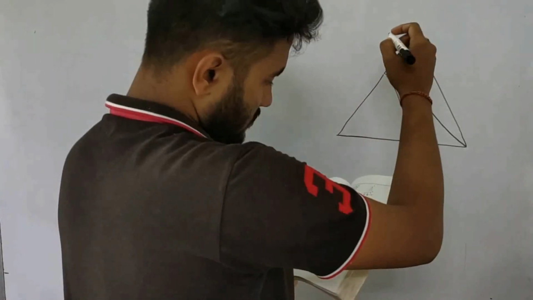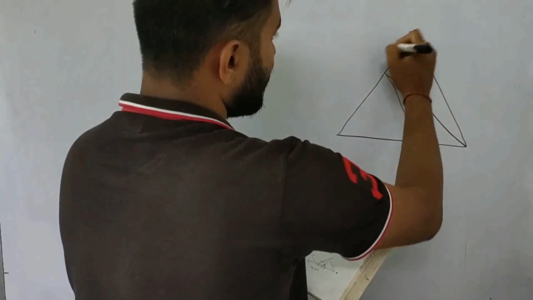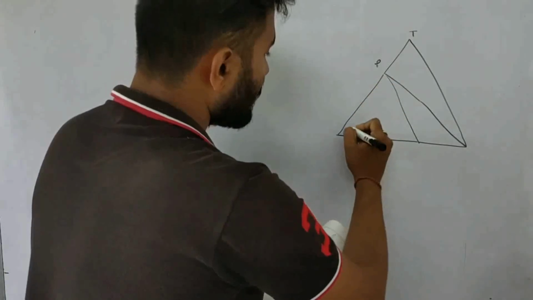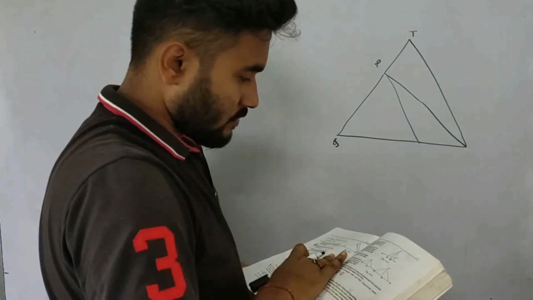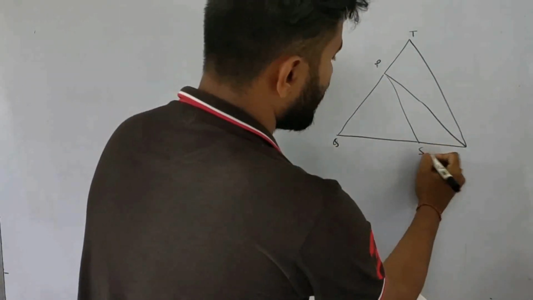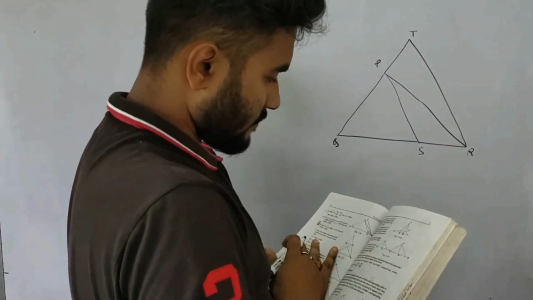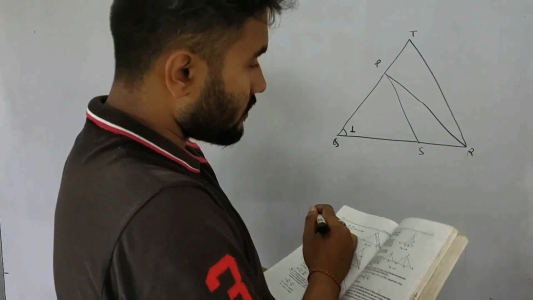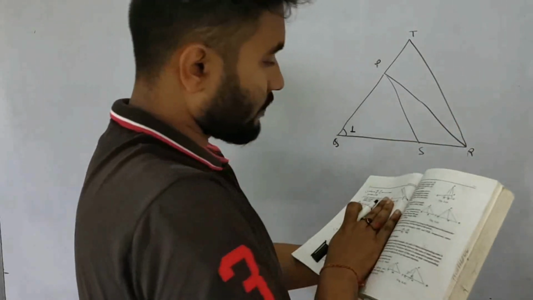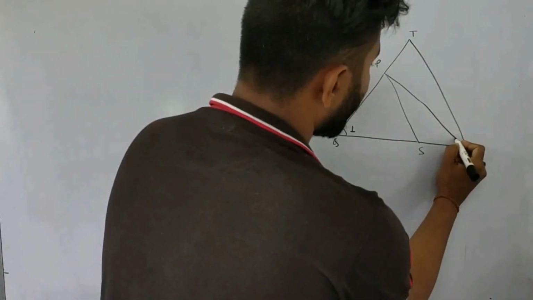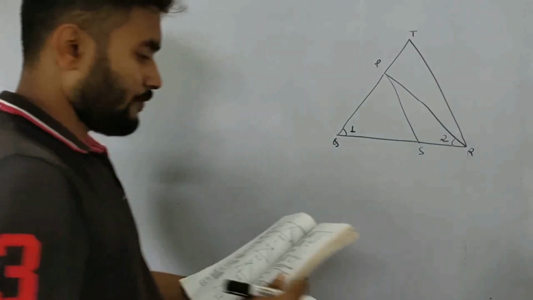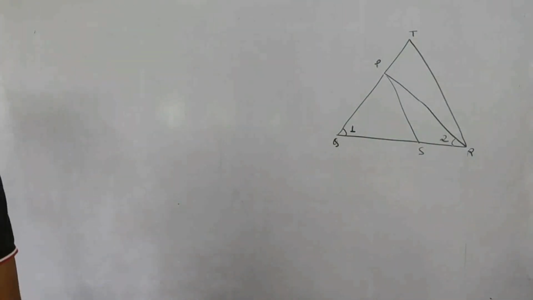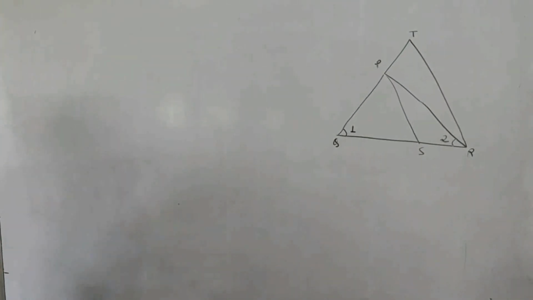PQR. This is T. This is P. This is Q. This is S. This is R. This is angle 1, and this one is angle 2.